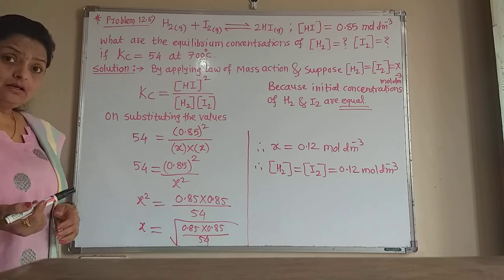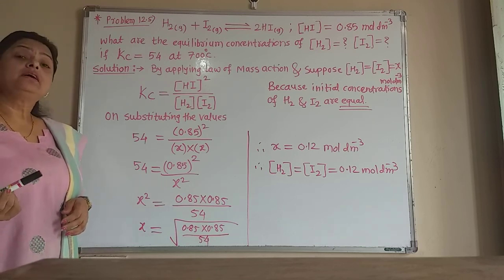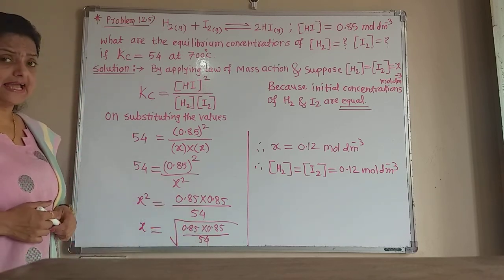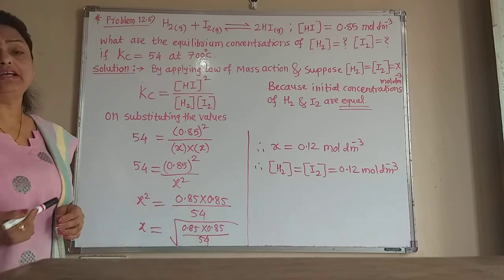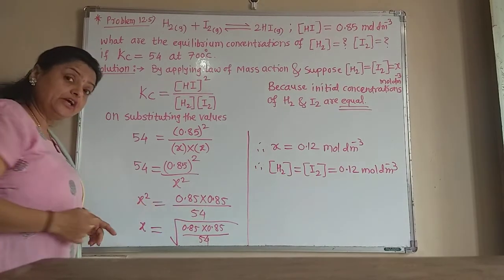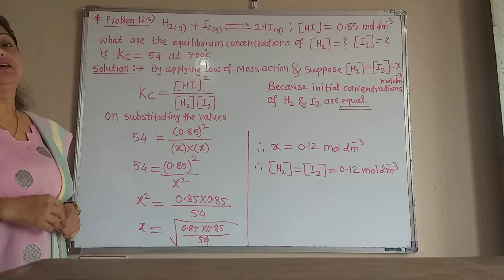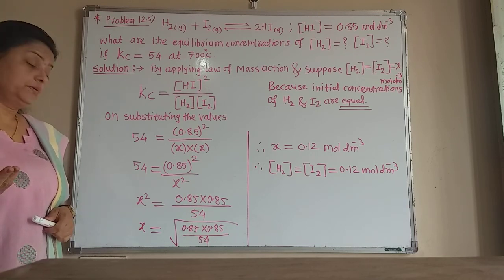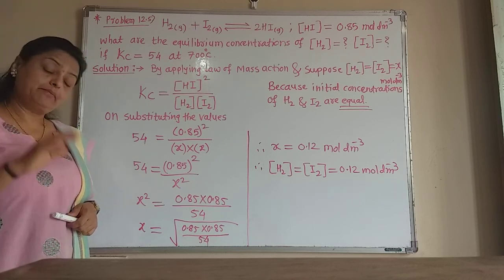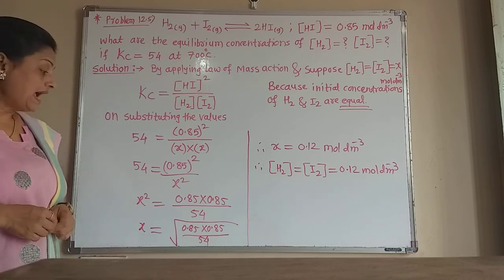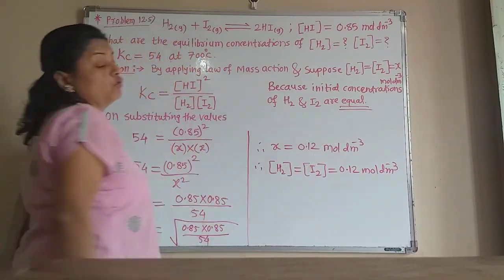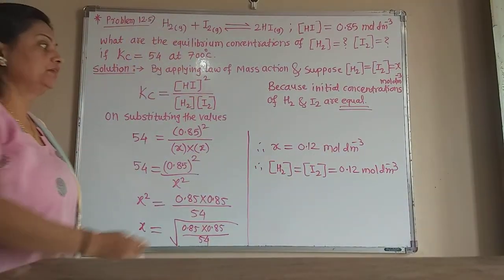And then divide that value by 2, because we have to calculate the square root. Then take the antilog of that, and you get 0.12 moles per decimeter cube as the value of x.